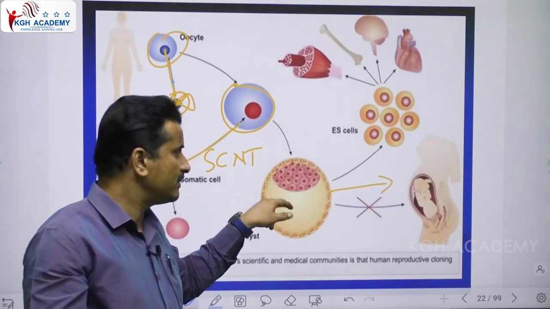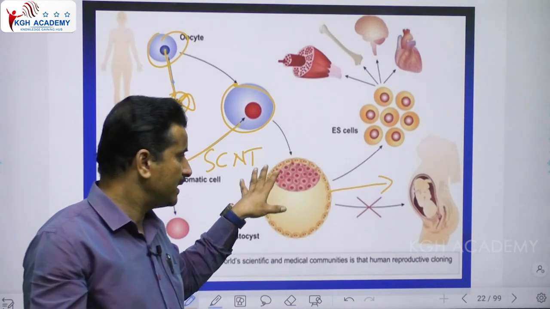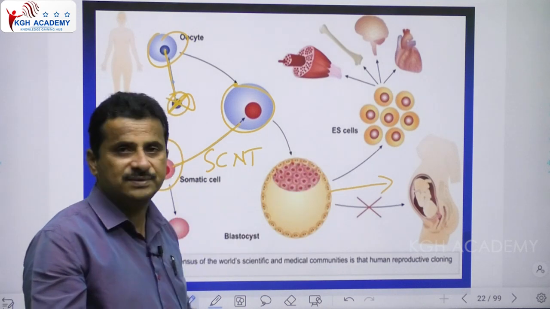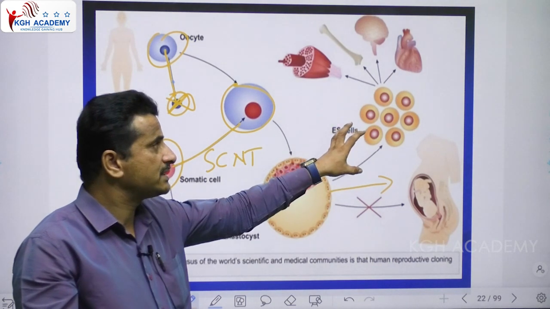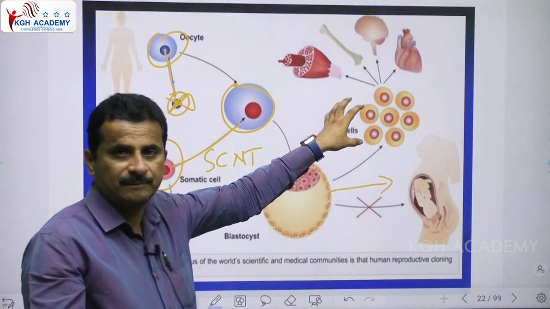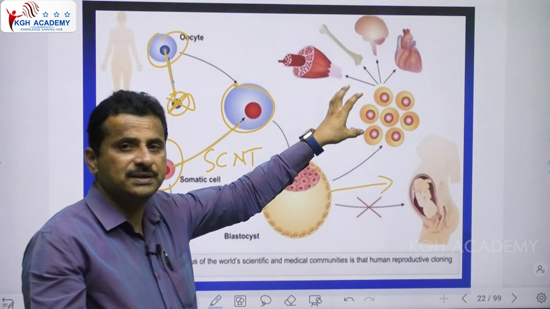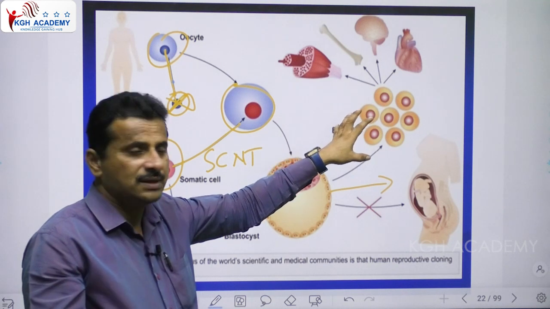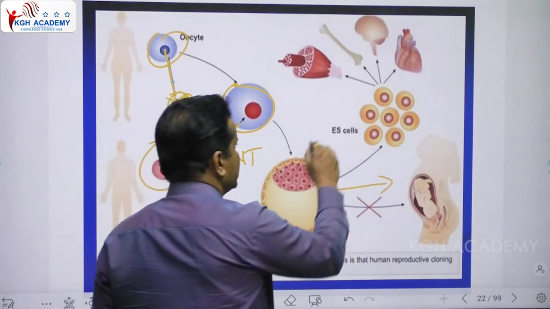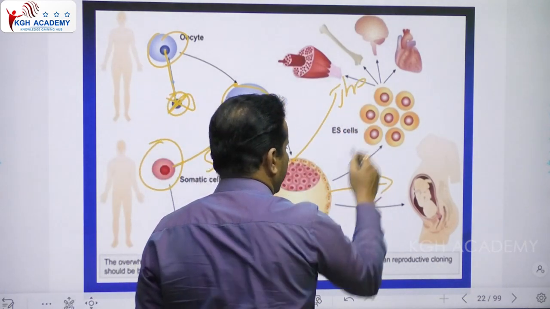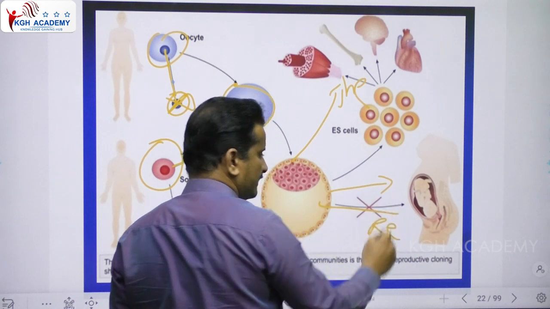In case we use this embryo to isolate embryonic stem cells, and again use the embryonic stem cells for treatment of different disorders in a person, this process is called therapeutic cloning. So this is therapeutic cloning and this is reproductive cloning.